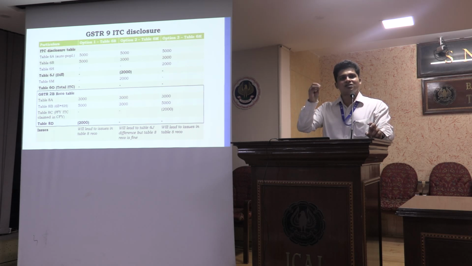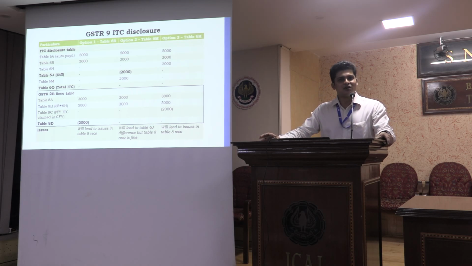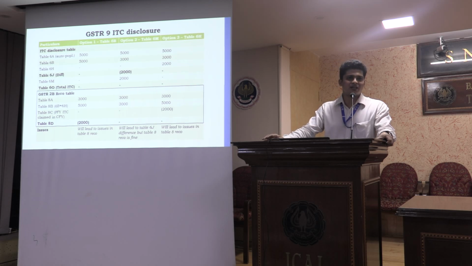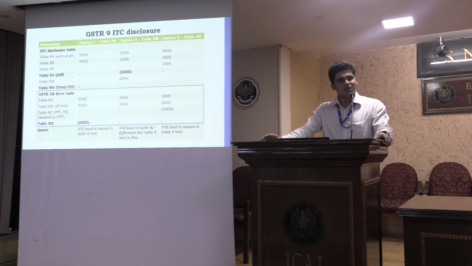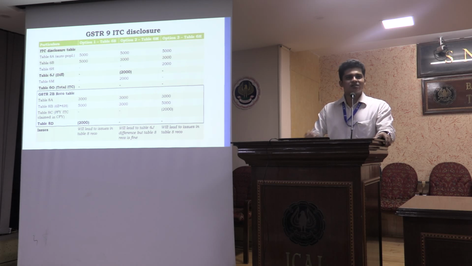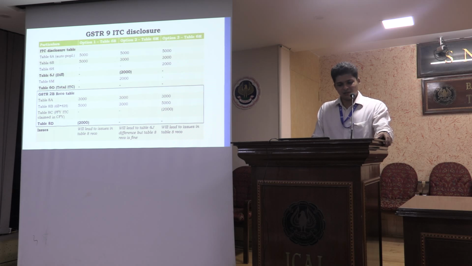So in table 6A, you will get the entire value, and again in table 6B, if I put the entire value, I will again face the issue while doing the reconciliation in table 8. So in these two situations, which are 2B of the previous year and the temporary reversals which have been disclosed, we will face this disclosure difficulty in GSTR 9, table 8.